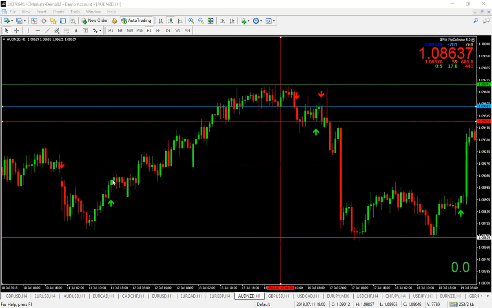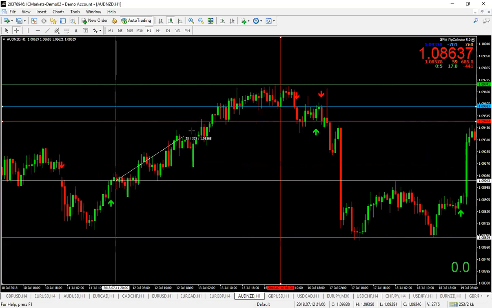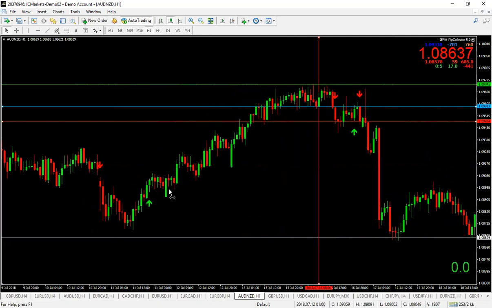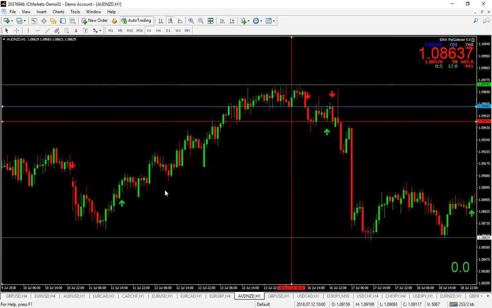It entered it basically here, and you would have been able to ride it all the way up, getting over 60 pips. Now, the previous PipCollector perhaps would have entered the trade much later, but we have indeed worked on that. Now, just to show you how to safeguard yourself from being stopped out.